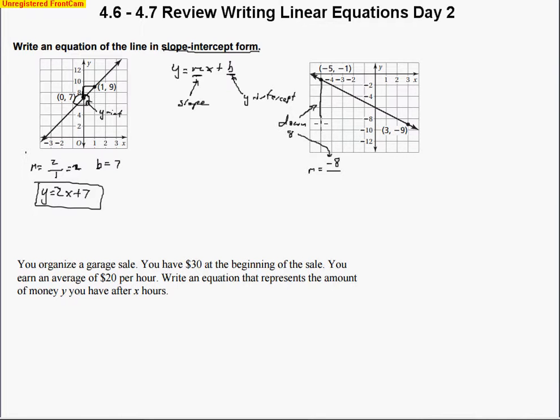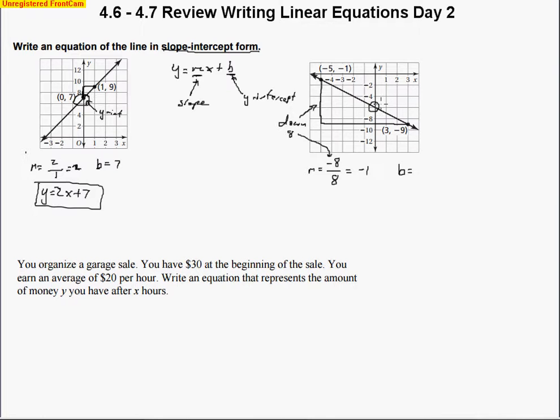So I look at my x values. Looking at the intervals, they're going by 1's. So I'll count the spaces. This is 1, 2, 3, 4, 5, 6, 7, 8 spaces. So again, I could have counted from -5 to 3 is 8 spaces. And so my slope ends up being -1 when I reduce that. So now I have to find my y-intercept. It's where it crosses the y-axis.